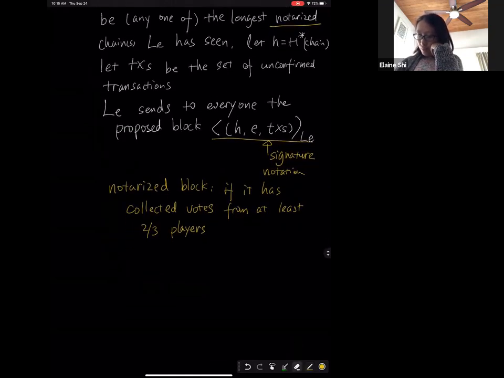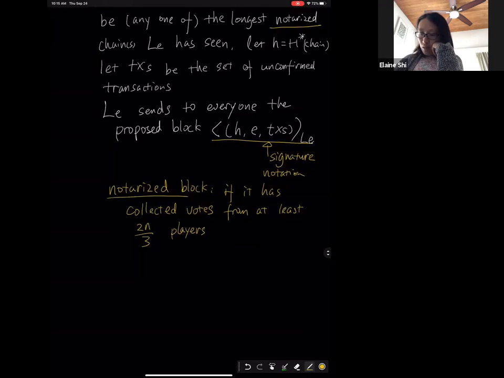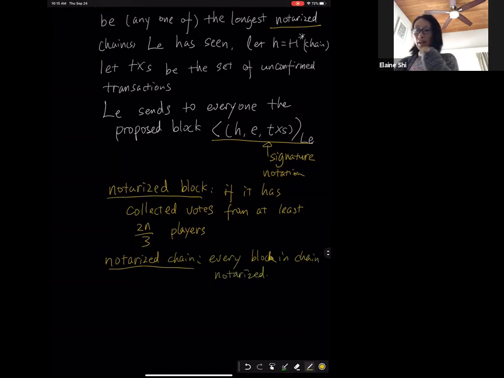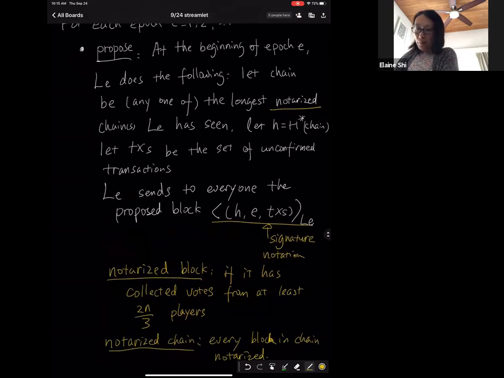Maybe I can write 2/3 n. And a notarized chain is one where every block in the chain has been notarized.